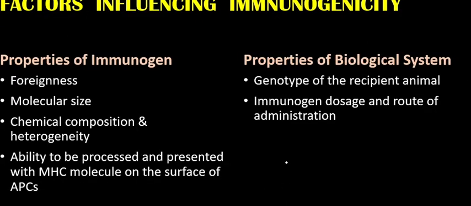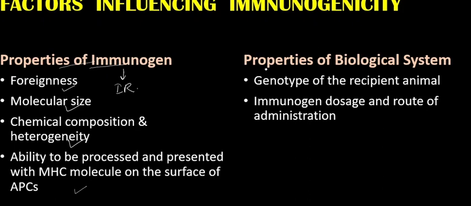Next, we will talk about the factors influencing immunogenicity. The first factor is the properties of immunogens and the way these immunogens lead to activation of the immune response. The properties may be foreignness, molecular size, chemical composition, heterogeneity, and the ability to be processed and presented with MHC molecules on the surface of the APC.